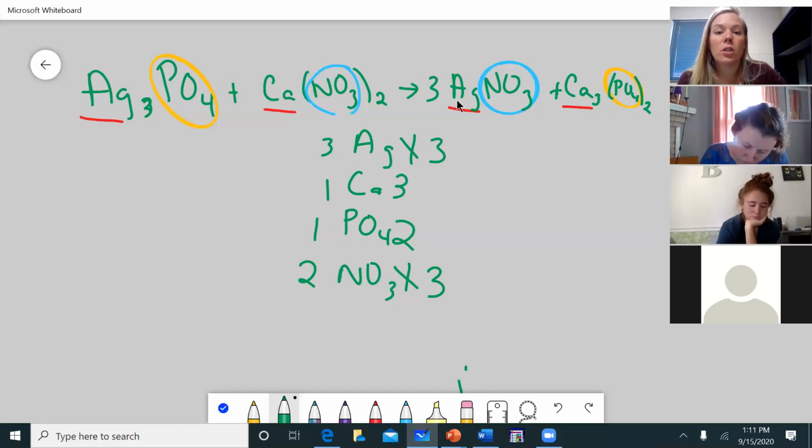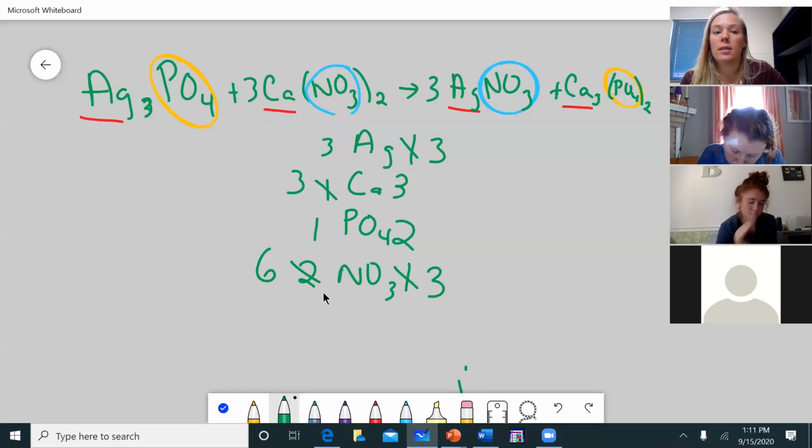So we've done the AG, CA right now. I'm going to put a 3. We've got 3 CAs here, so I'm going to put a 3 here to balance that out. So that becomes 3. And then now my NO3, I had 2. Now I've got 2 times 3, which gives me 6.